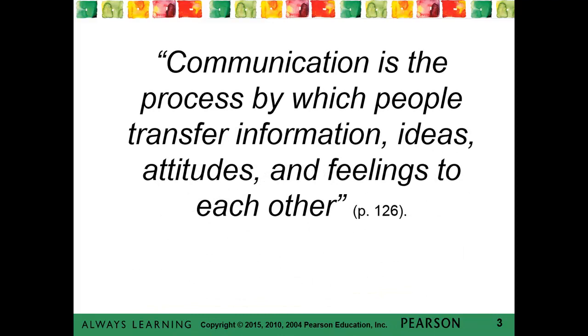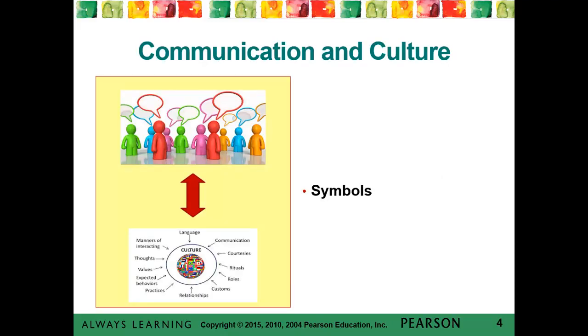Our author defines communication as the process by which people transfer information, ideas, attitudes, and feelings to each other. He goes on to tell us that a symbol is anything that represents something else. Symbols can take many forms.